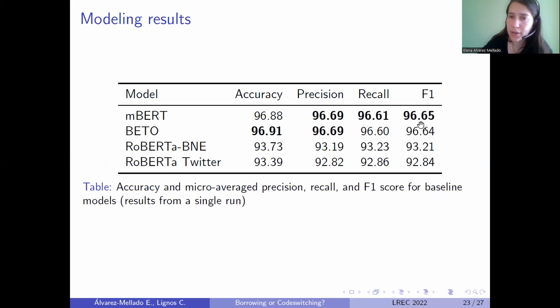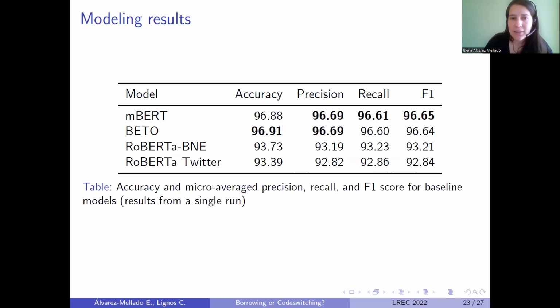The best 2 models were multilingual BERT and Beto. Multilingual BERT was slightly better than Beto in terms of F1 score, but we really don't have any reason to believe that one was better than the other, given such a small difference. But what was interesting is that Beto performed better than Roberta BNE, about 3 points higher, even though Beto is a smaller model than Roberta BNE.